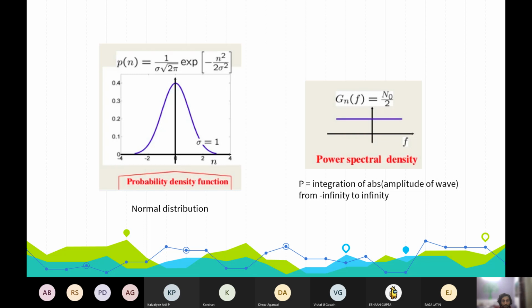The area under this curve is 1. So this is basically the normal distribution, and we use this to calculate AWGN noise. And this is the power spectral density, which is constant at N0 by 2 throughout all frequencies.